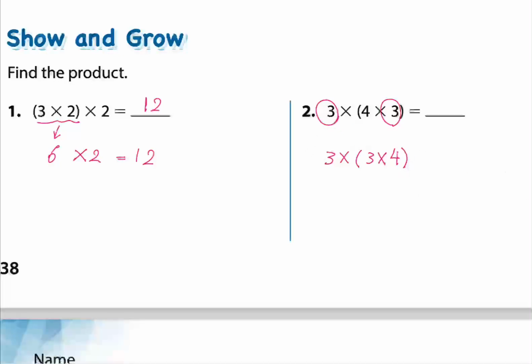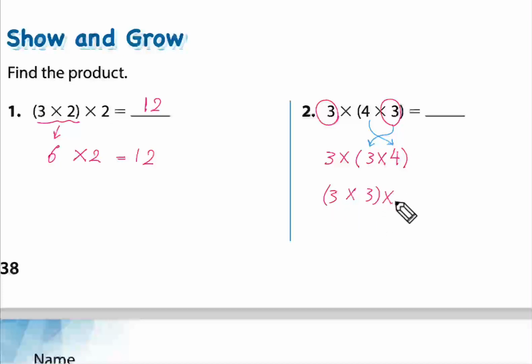What we did now is just changing the order. Why? Because we need to multiply 3 by 3 first. So we should get them next to each other. And now we can multiply 3 by 3 first, then multiply the 4.